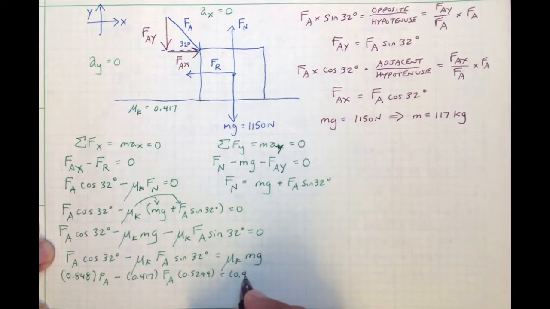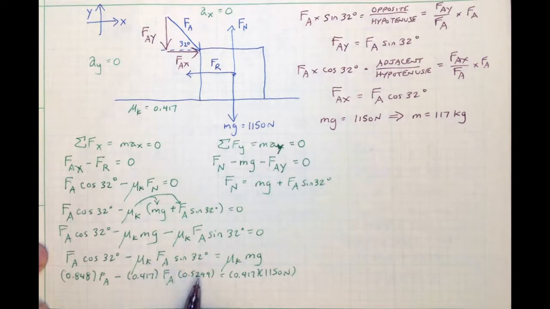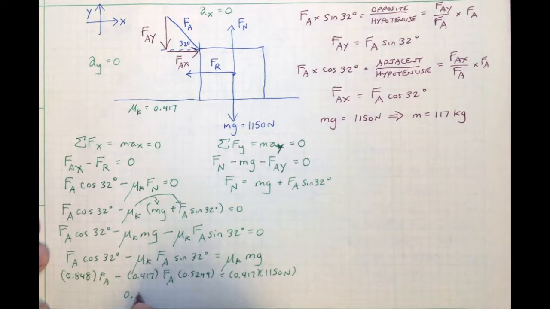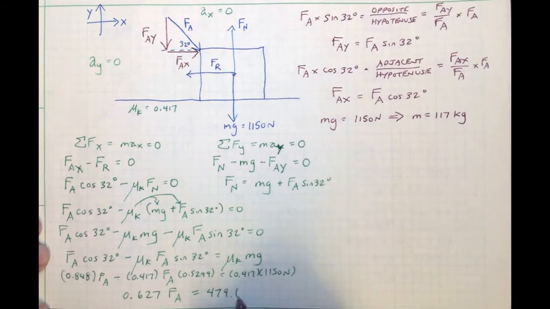And the weight is still 1150 newtons. Multiplying these two together and then subtracting the result from 0.848 gets us 0.627 times the applied force equals this right here, which is, as before, 479.6.